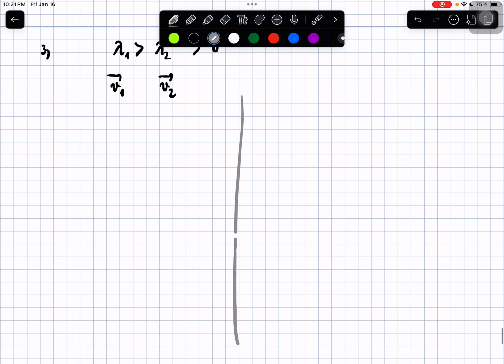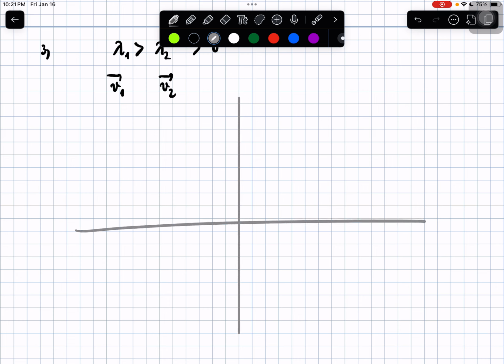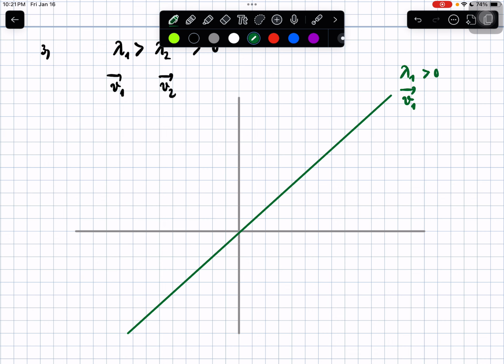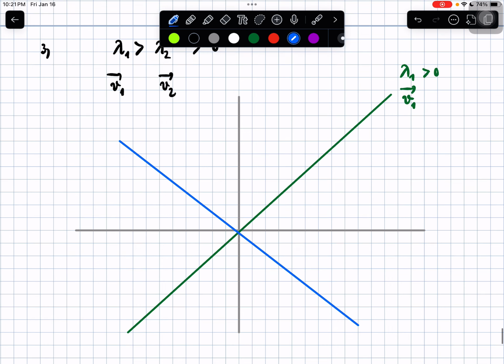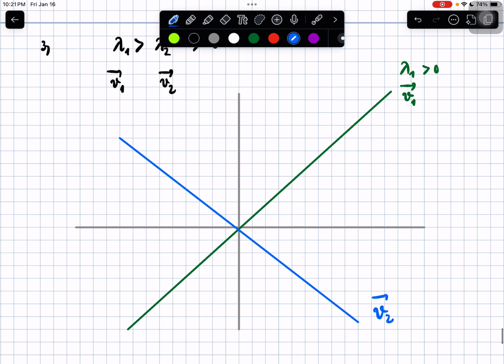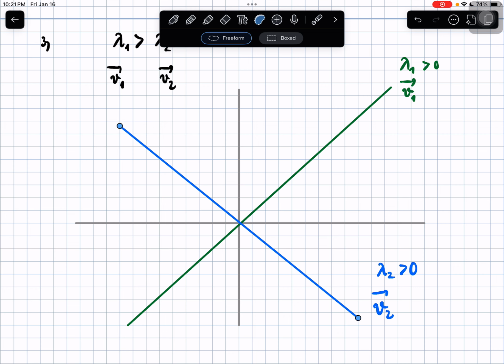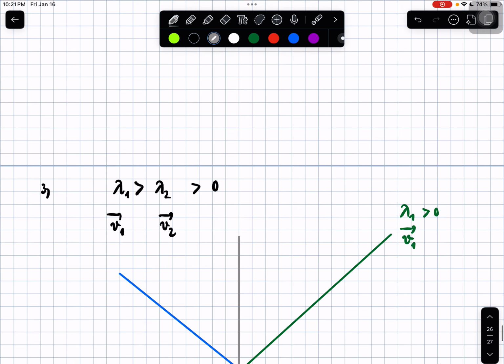Assume that v1, v2 can be drawn like this. v1 corresponds to this line, lambda 1 positive. v2 corresponds to this line, so lambda 2 is also positive. x1 here, x2 here.